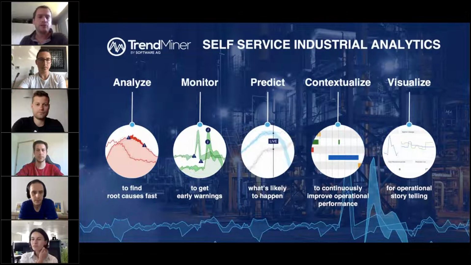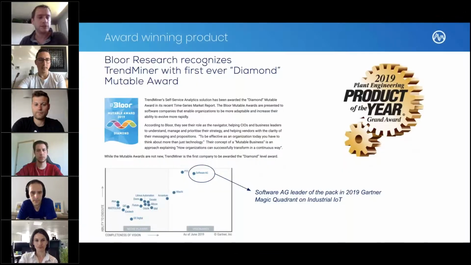Rob will tell you something about the product, but very broadly, the type of analytics we address with the TrendMiner platform really range from searching in historical data, root cause detection, over monitoring, predictive functionality, but also includes contextualization and visualization. So it's a rather broad scope. There are many different components in the platform to build and implement that vision.